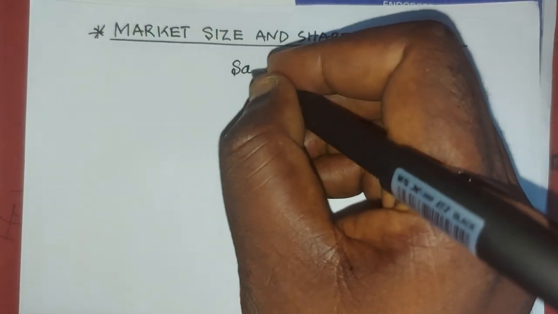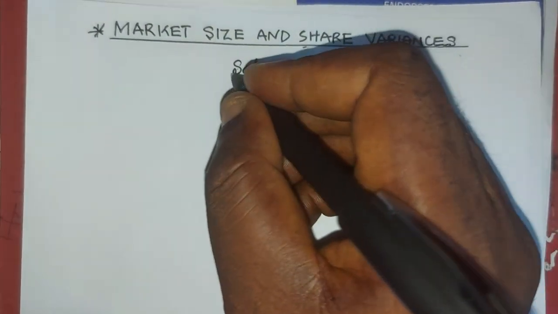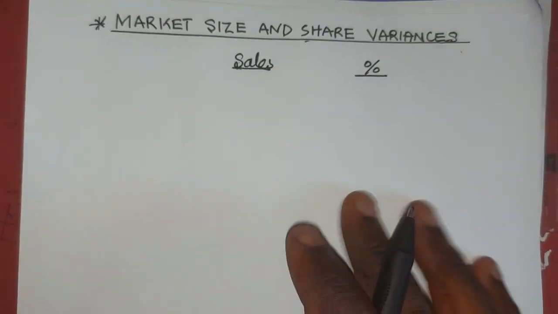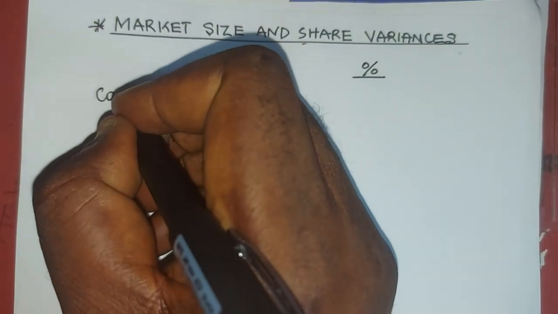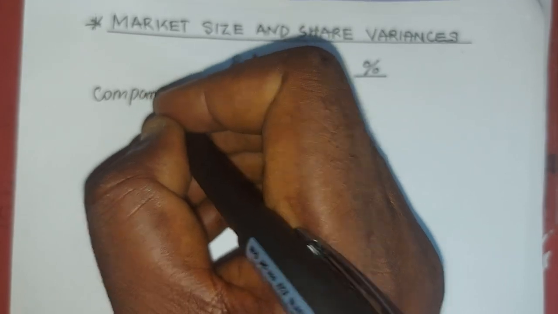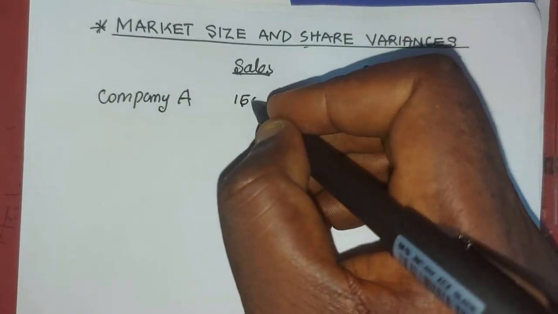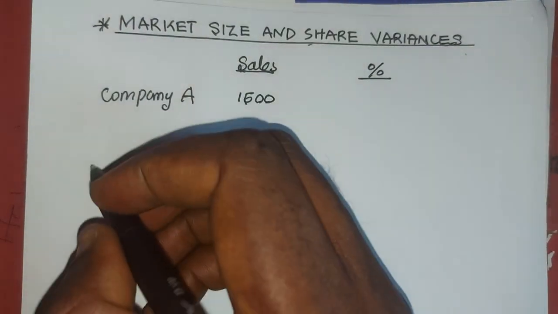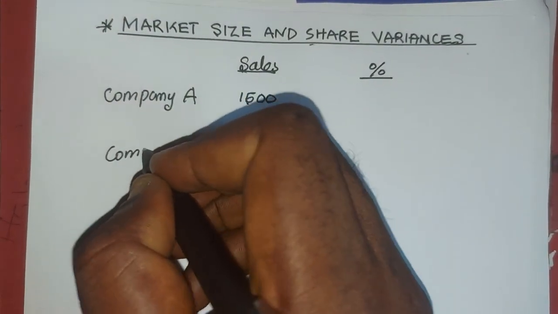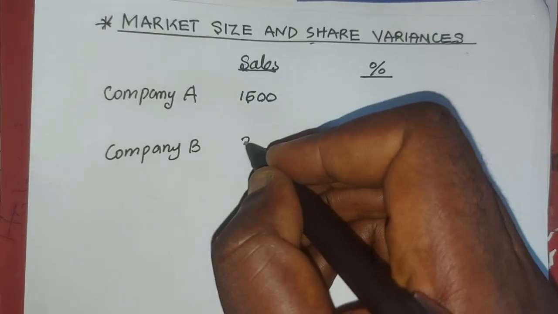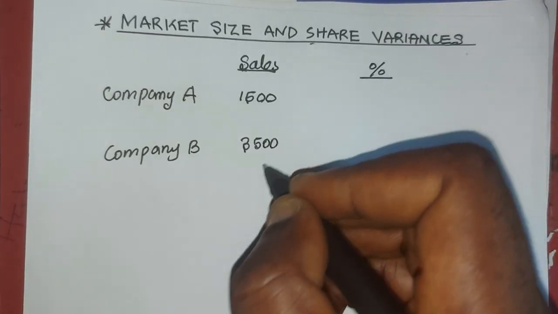Supposing we have the sales units in a single market, then we have the percentage sales. Let's say we have two companies. Company A sold 1,005, while Company B in the same market sold 35 units.